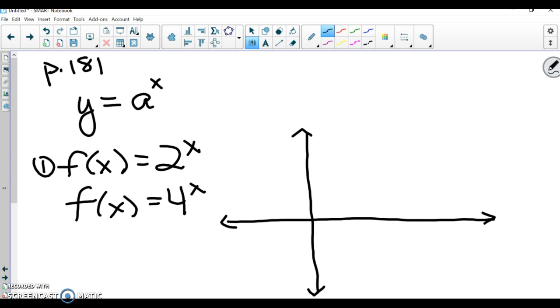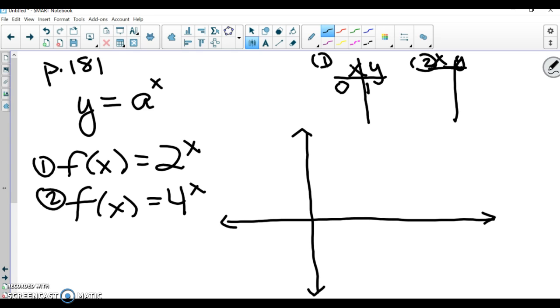So they've shown you these graphs, but what I'd like you to do when you work out these problems is consider tables in order to graph more quickly and understand what's going on. A table of values. So for the first one, we look at critical values. We know that any base to the power of 0 is simply 1. So we're going to substitute that into both of these and then assess further values.